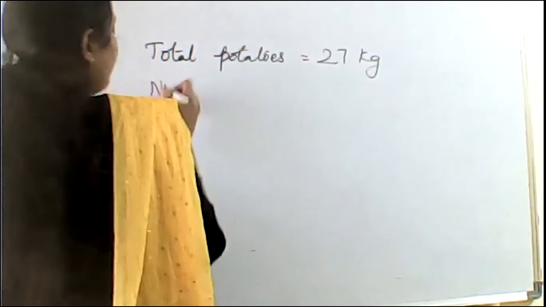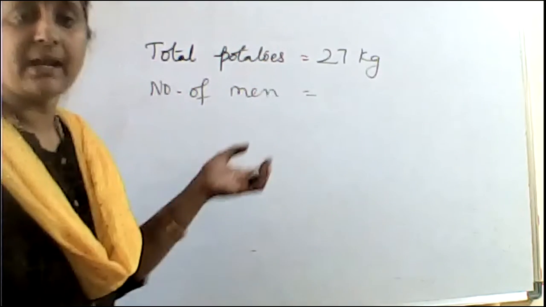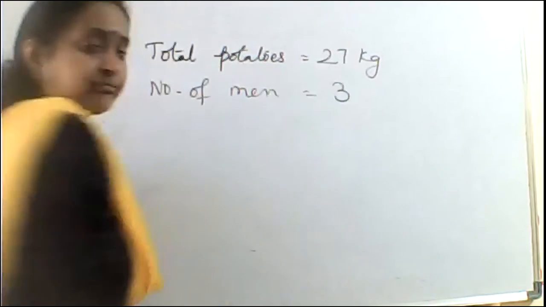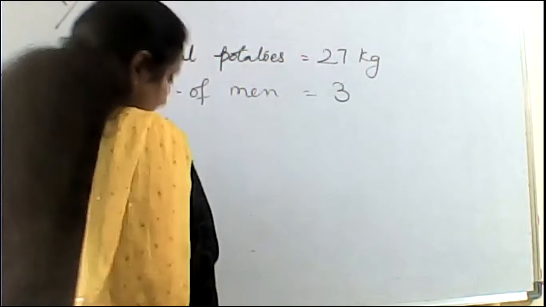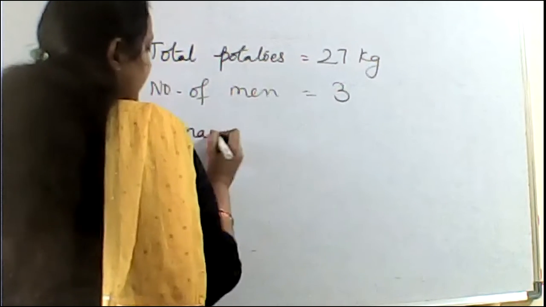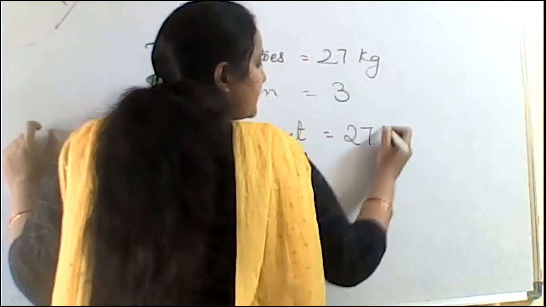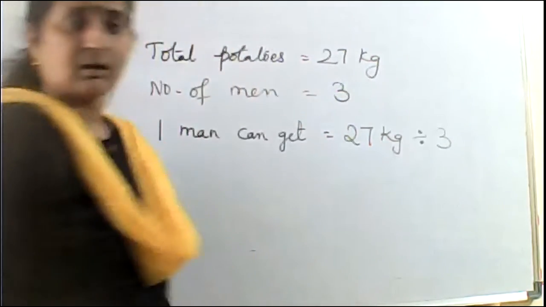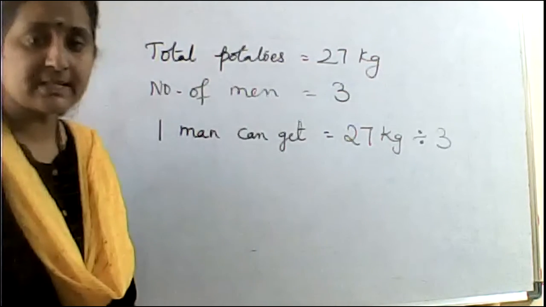Number of men, how many men are there? 3. Now each man can get 27 kg divided by 3. How many kgs of potatoes can you get?